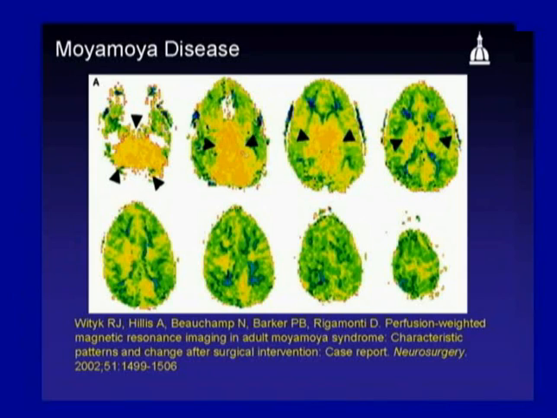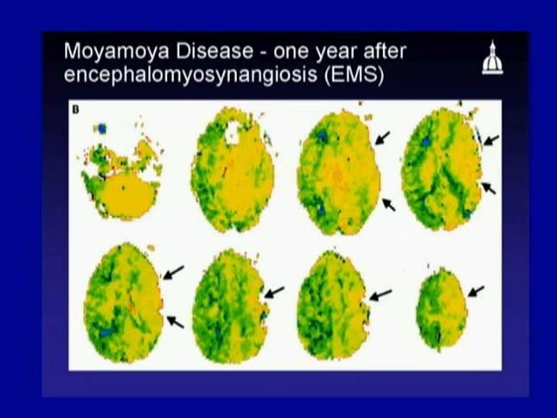And of course, there's also high flow, or at least a normal flow, in the basal ganglia, where they have all these moya vessels. This patient also underwent a procedure to attempt revascularization, and this was an encephalomyosynangiosis, where they basically suture a muscle flap onto the surface of the brain and try to establish flow that way.